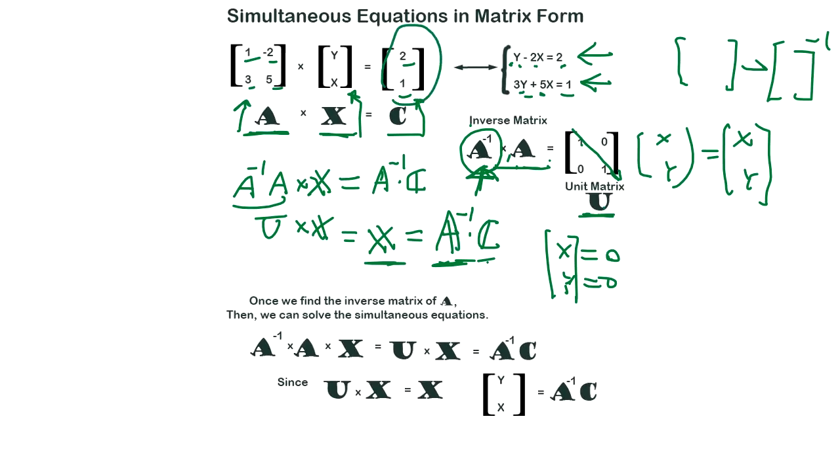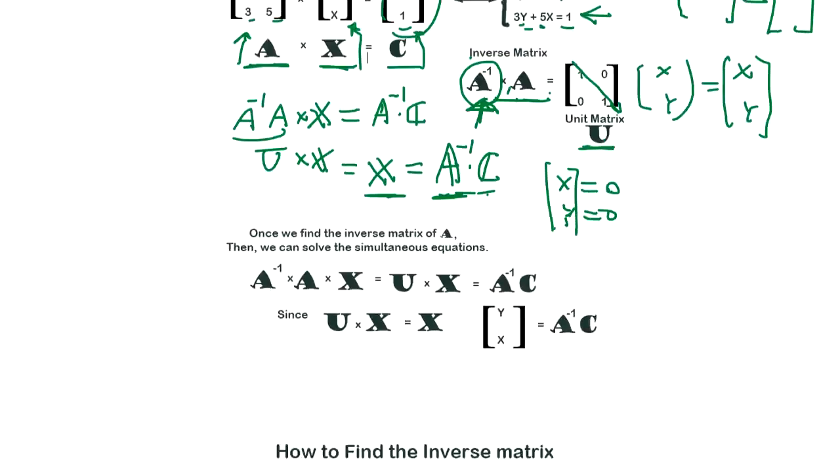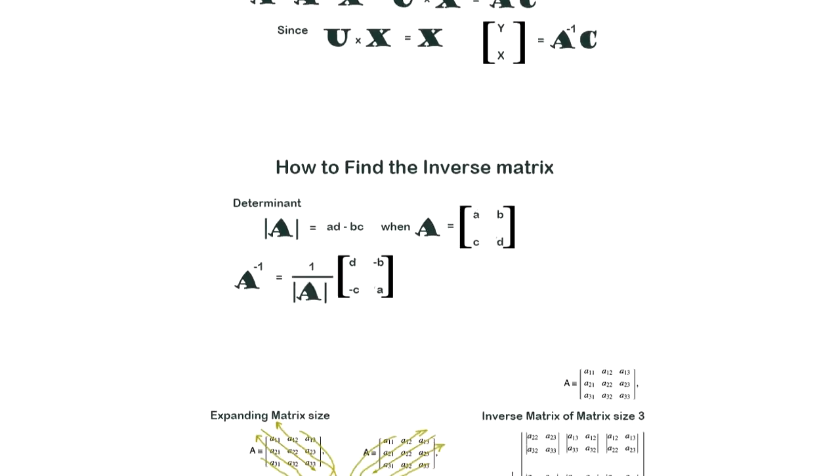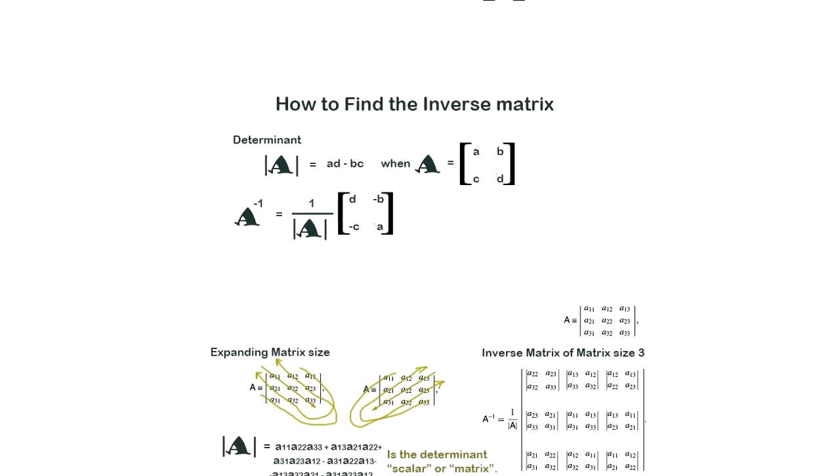That's the answer. Simple, right? So the problem changed to finding the inverse matrix. Solving simultaneous equations is to find the inverse matrix. How do you find the inverse matrix?